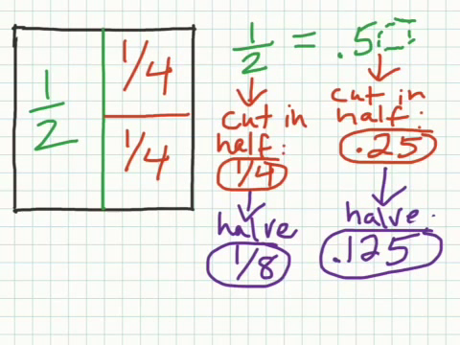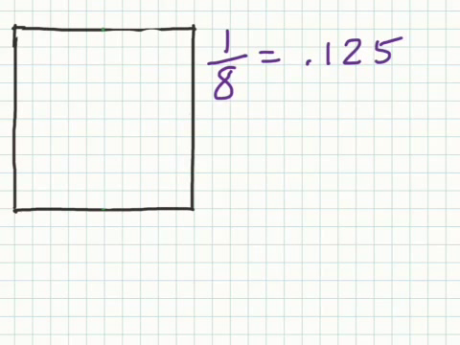If you can memorize your fourths as 0.25 and your eighths as 0.125, you're going to be able to figure out anything with fourths or eighths in it because you can just add on those groups of fourths or eighths. So we just determined that 1/8 is the same as 0.125.